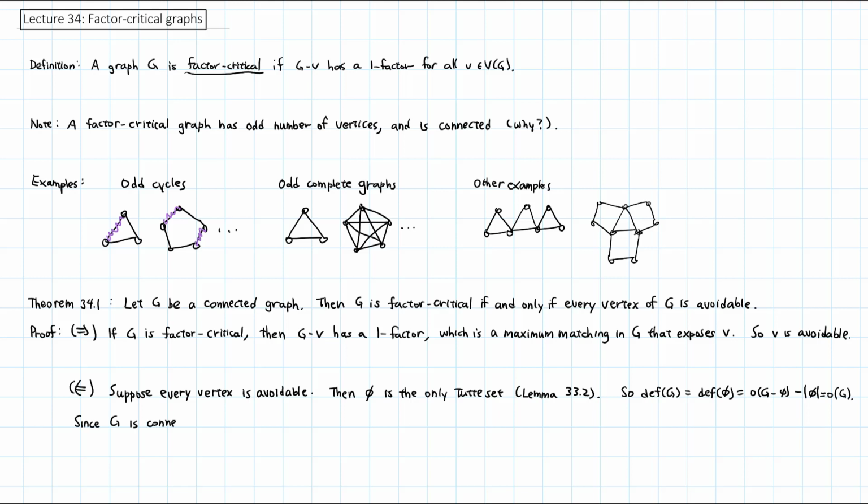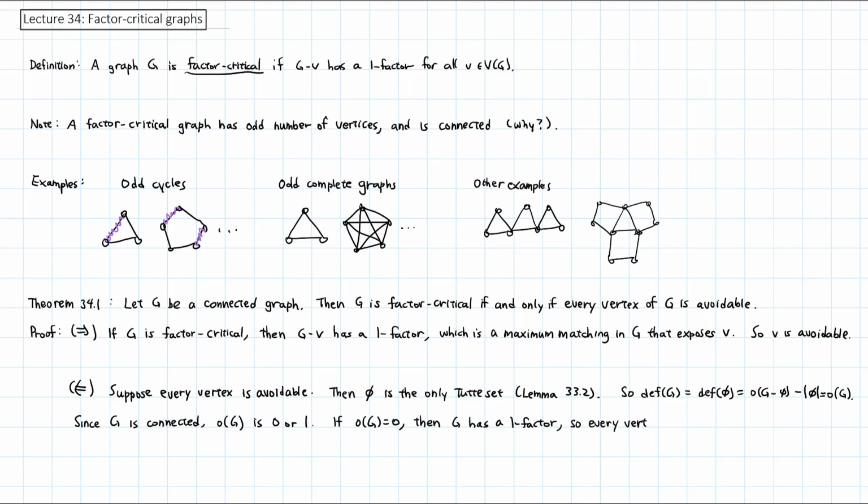But G is connected, so the number of odd components is either 0 or 1. So why can't this be 0? If this is 0, then the deficiency of G is 0, so G has a 1-factor.